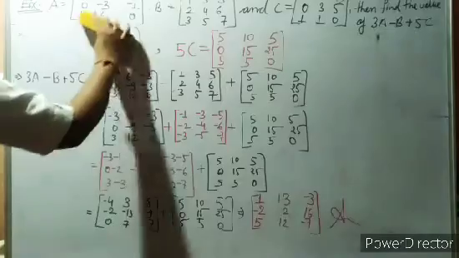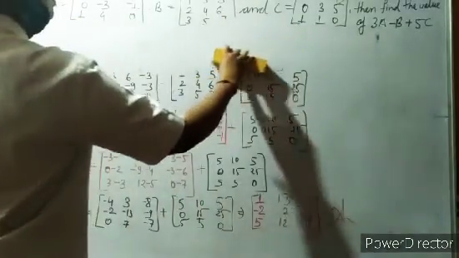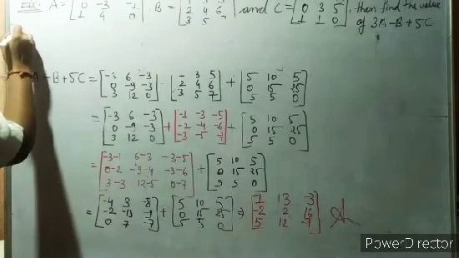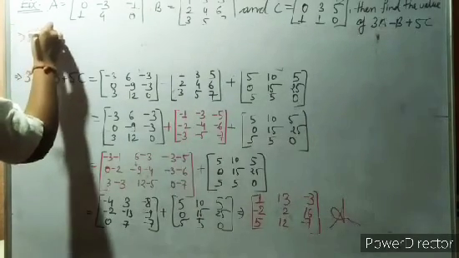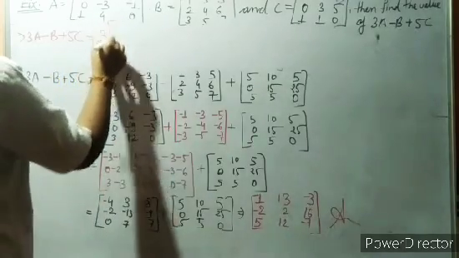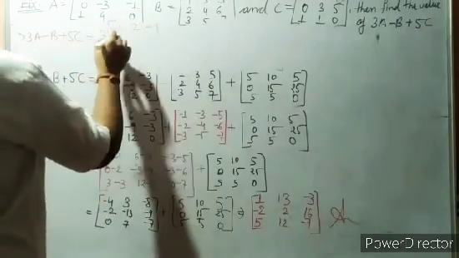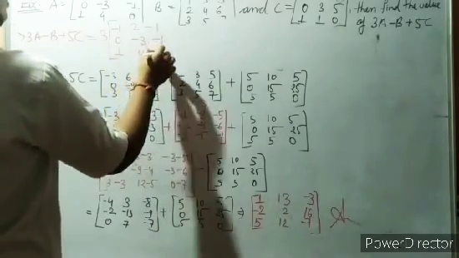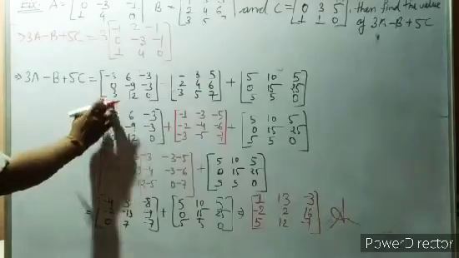Or if you want to do it another way, you will write first 3A minus B plus 5C. So here you multiply 3 into [-1, 2, -1; 0, -3, -1], 1, 4, 0. It will become this.